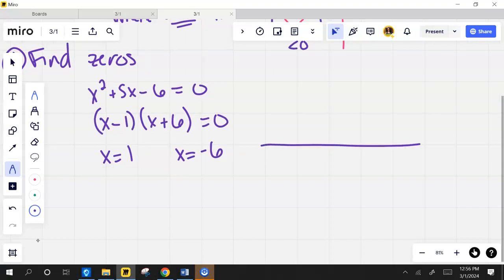I call this a sign analysis chart because it tells me what's going on. So I'm going to make a little number line. I'm going to put these on here because I know these are the only two places that it's crossing the x-axis. So anywhere left of -6 has the same sign, in between -6 and 1 has the same sign, and bigger than 1 has the same sign. So my question is, what?